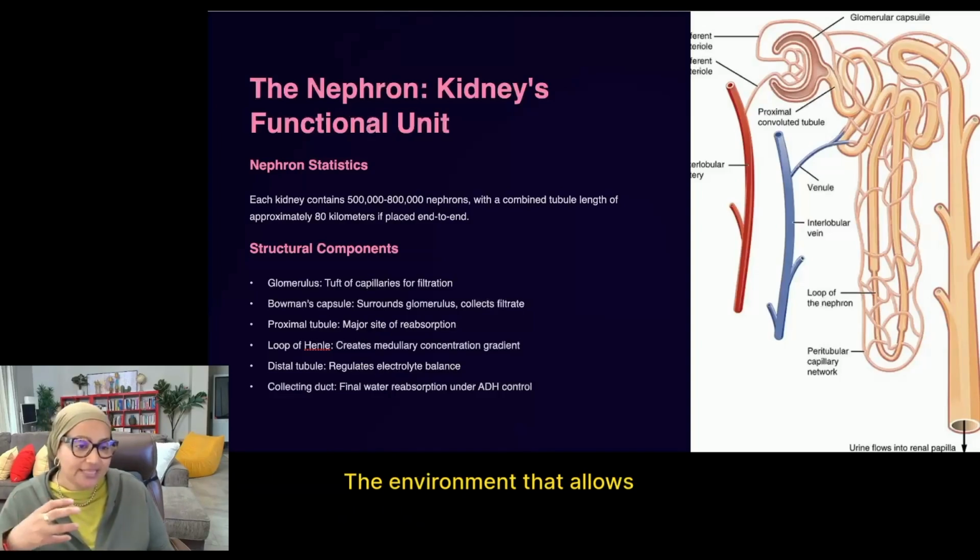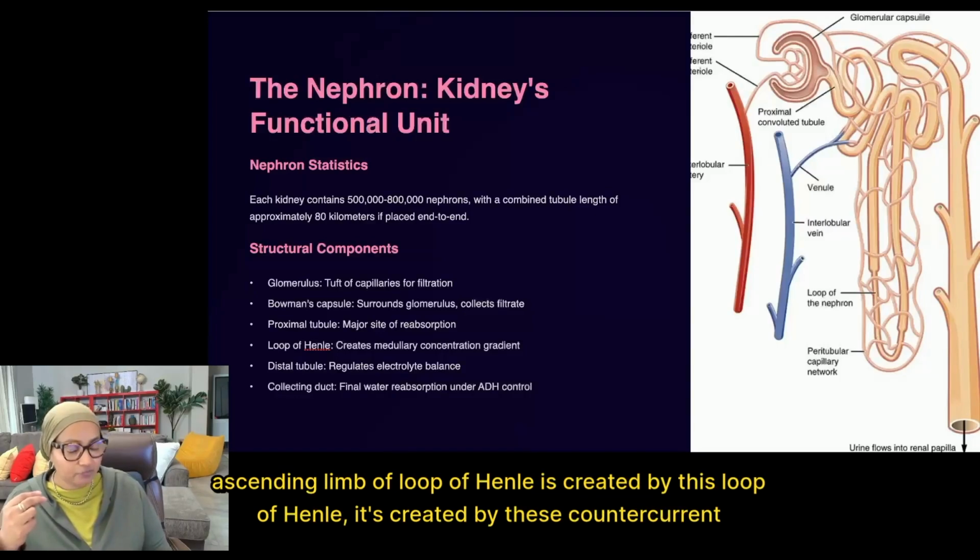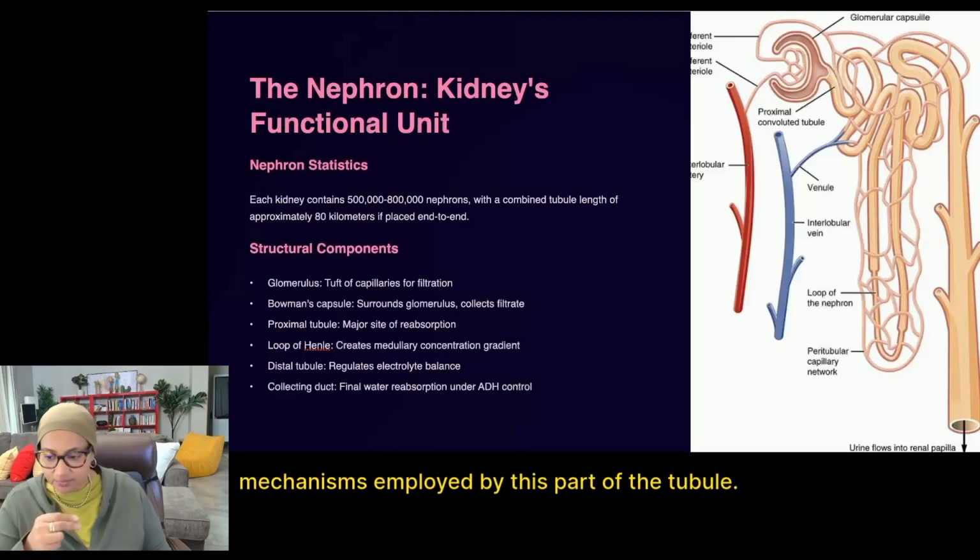The environment that allows the permeability of water and the passage of water in and out of these collecting ducts and the parts of this ascending limb of the loop of Henle is created by the countercurrent mechanisms employed by this part of the tubule.